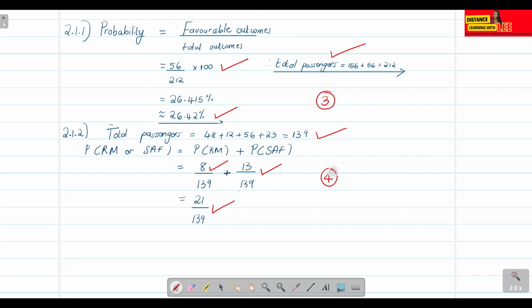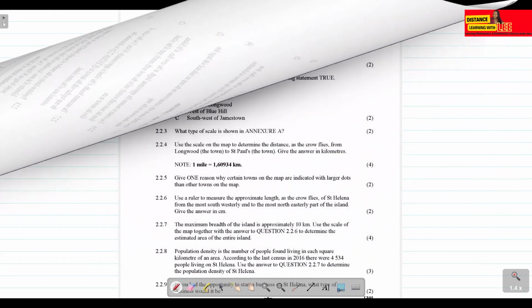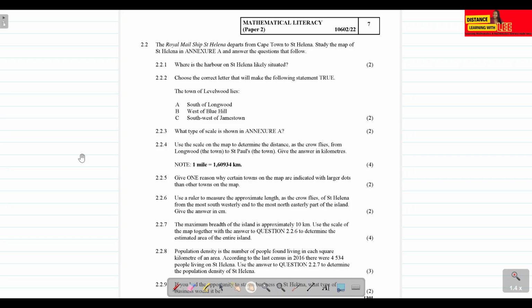So that is out of 4 marks. So the total for question 2.1 is out of 7, and that is how your marks will be allocated. All right, let us now have a look at question 2.2. Question 2.2 deals with maps.